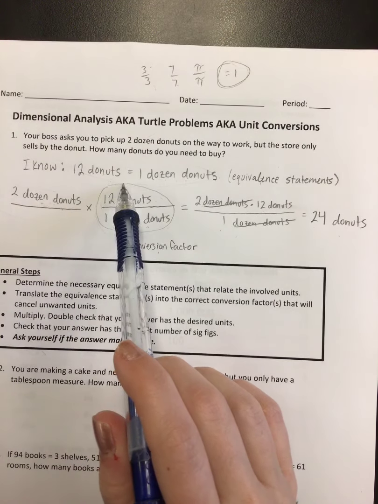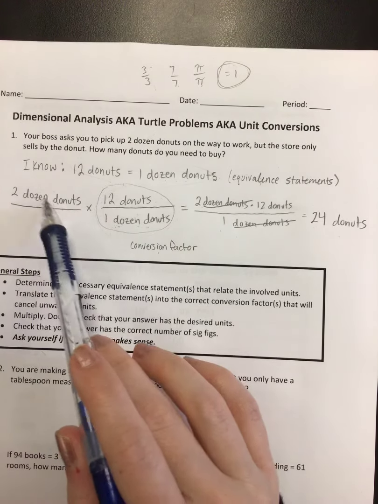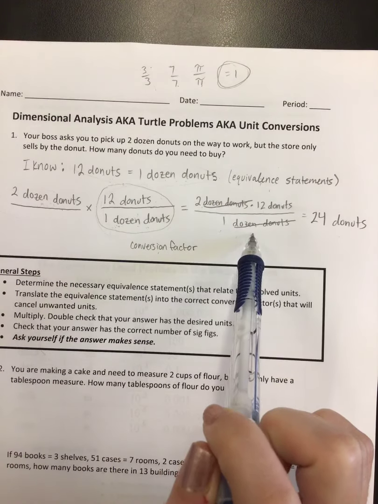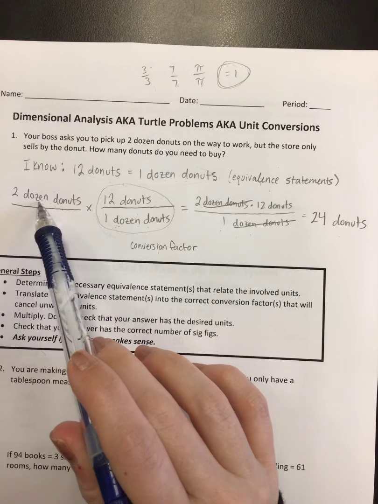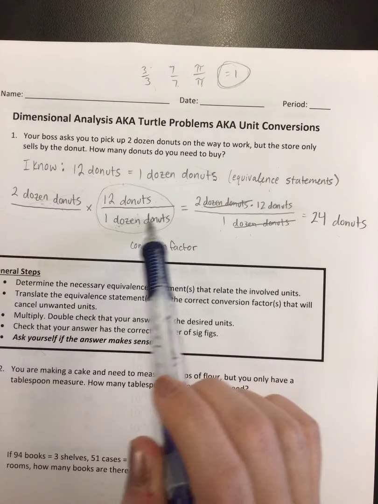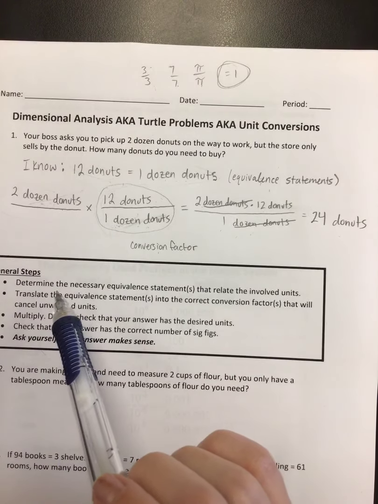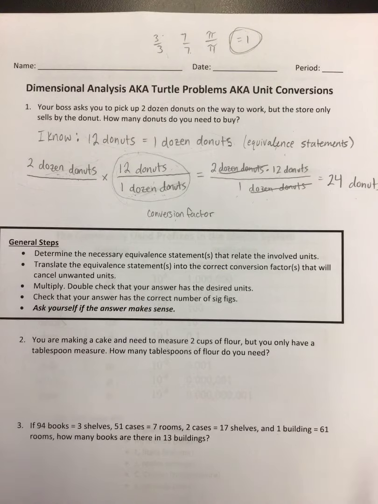Would it have made sense for me to put 1 dozen donuts over 12 donuts? The answer is no, because then I would have had 2 times 1 dozen donuts squared over 12 donuts, right? My units wouldn't have canceled. I want the units that I want to get rid of to end up on the bottom so that they cancel out with what I had on the top, okay?